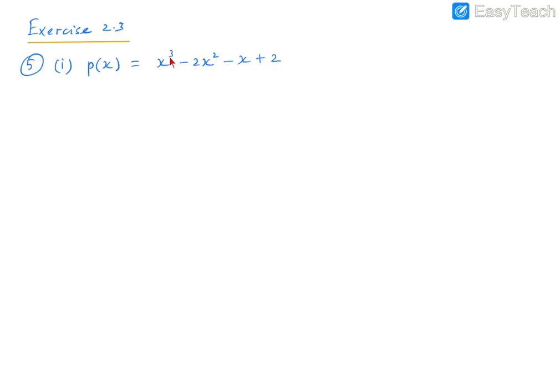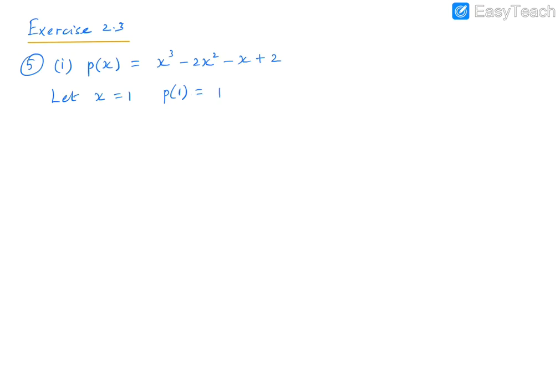We have a cubic polynomial x cubed minus 2x squared minus x plus 2. So the first step is to find one of the zeros of this polynomial by trial. So let x equal 1, and we see what p of 1 is.